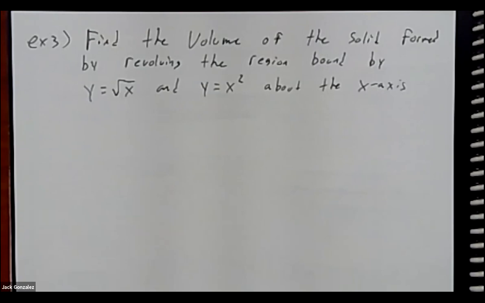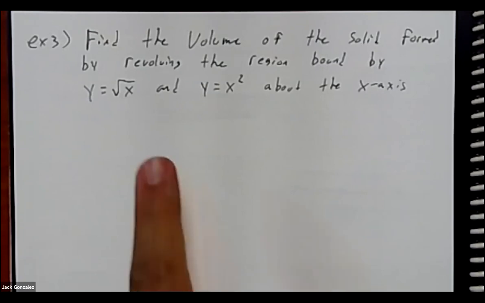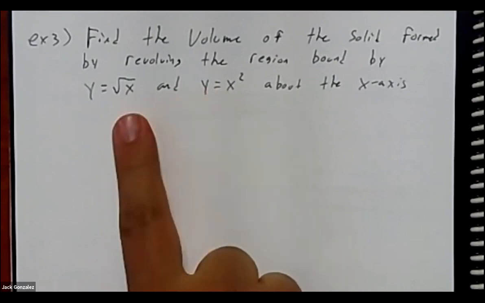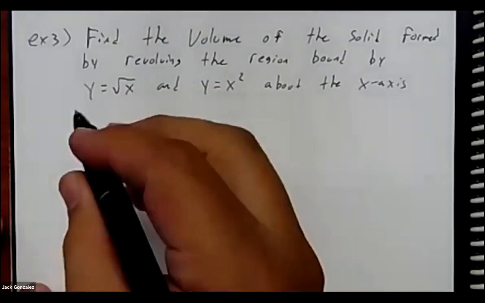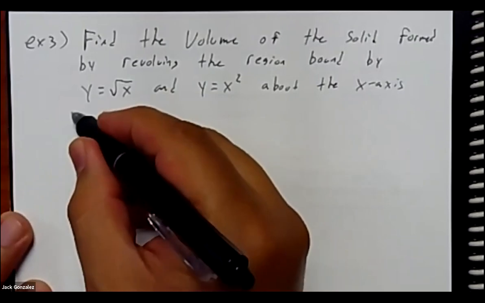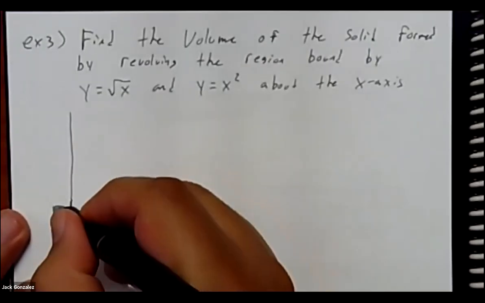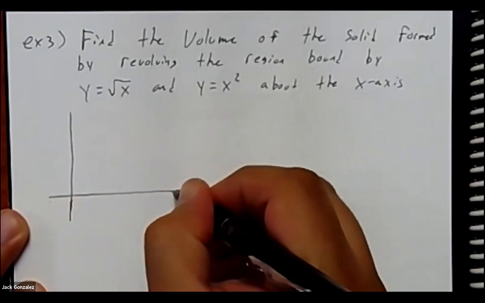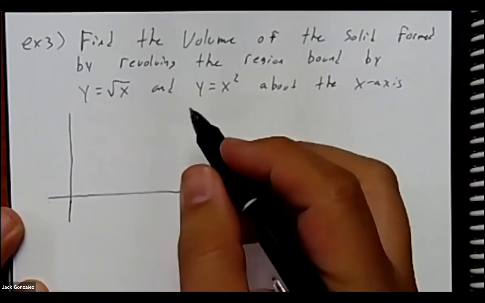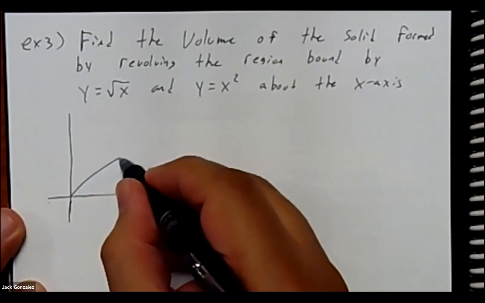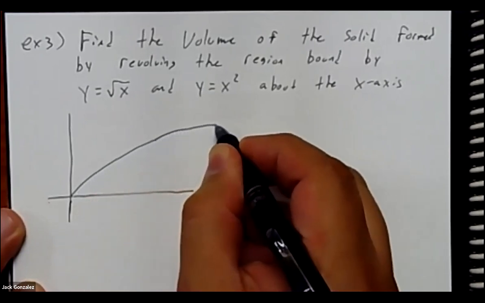Okay, so we should know what these look like. They're the standard parent functions. But the square root looks like this. Keeps on going.